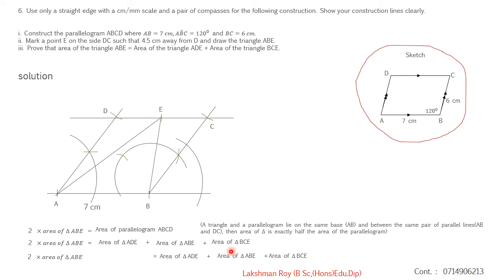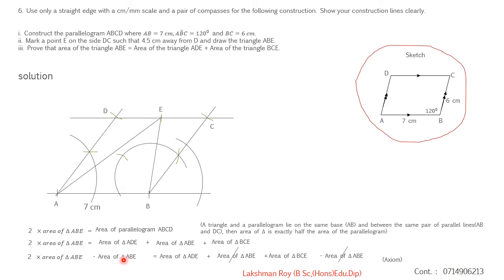Now I'm going to use the axiom: subtract area of ABE triangle from both sides. So that is by axiom, and you have to write the reason. Then what happened? 2 times area of ABE triangle, subtract area of ABE triangle: 2 times minus 1 times, then what remains?